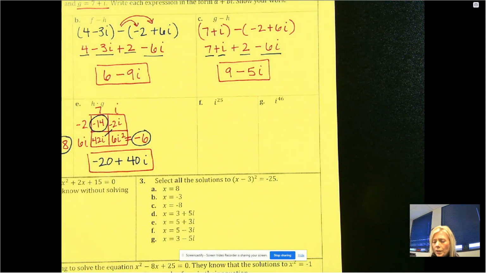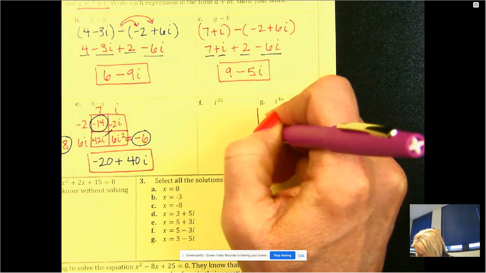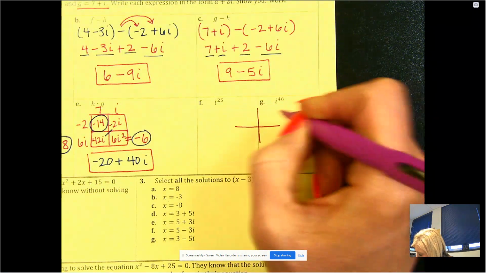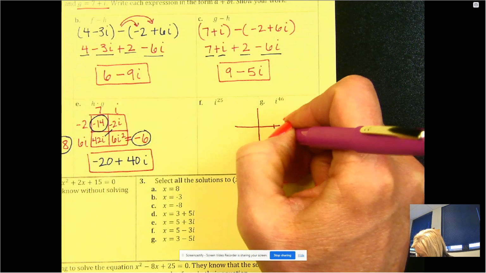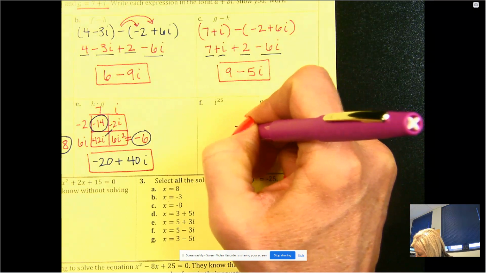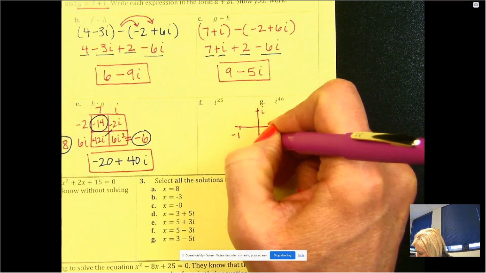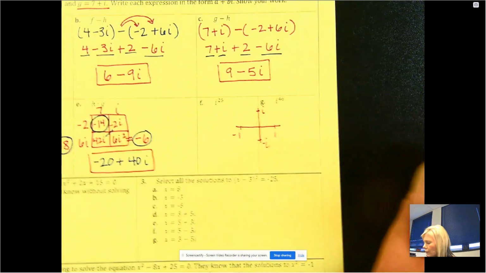Okay, for F and G, we want to simplify those powers of i. So remember, if you were in my class, we made this diagram. We said this number line, this is the real number line, so 1 and negative 1. This is the imaginary, so i is up here and negative i is down here.